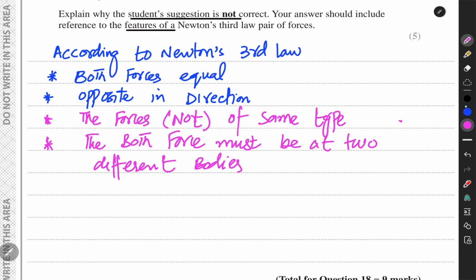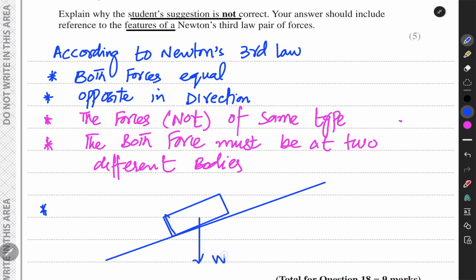I can further explain this question. For example, suppose the train is at a certain angle, and this is its weight and this is the normal reaction force.